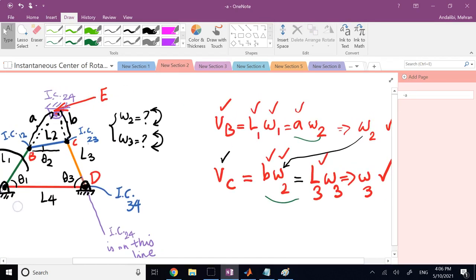So you see the omega I used was what? Omega 2. Or you can say omega of 2 with respect to 4 if you want. But remember, 4 does not what? Does not rotate. So omega of 2 with respect to 4 is the same as what? Omega 2.